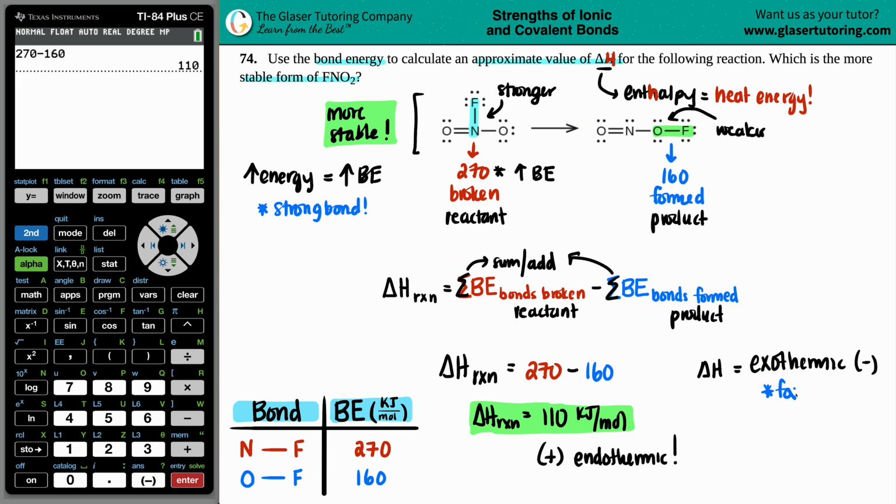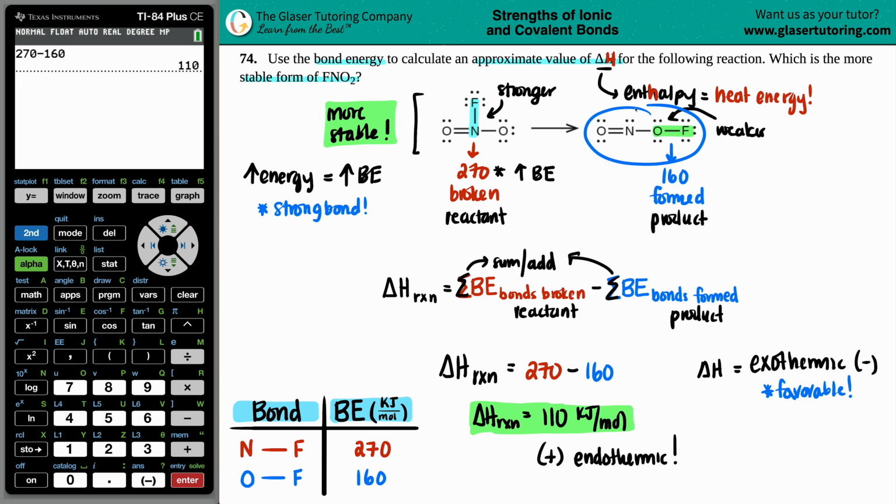So as far as stability wise, exothermic reactions are favorable. But this one's got a positive, which means that when I went from this molecule to this one, not good. You absorbed energy, which means that you went from a more stable molecule to a less stable molecule.